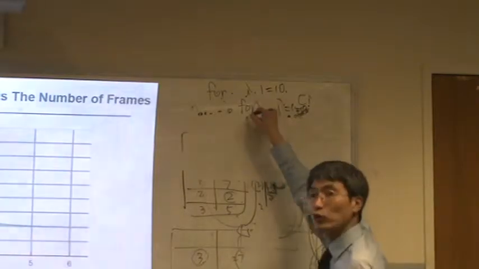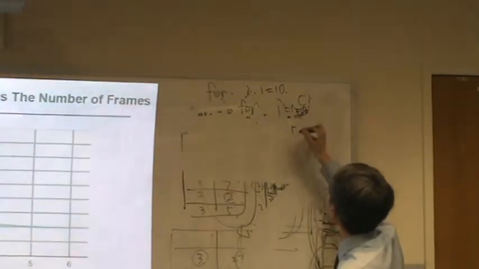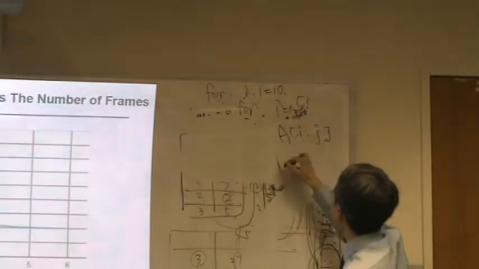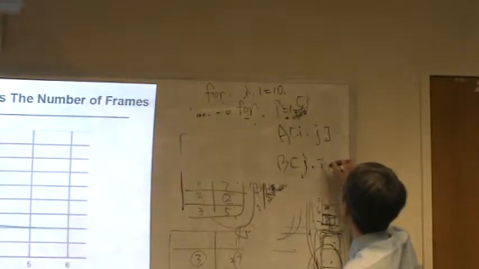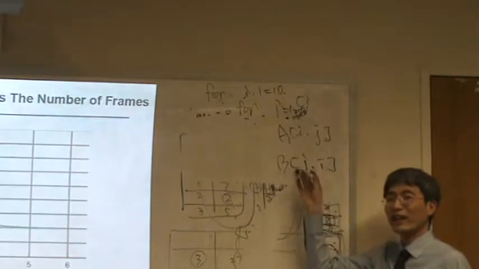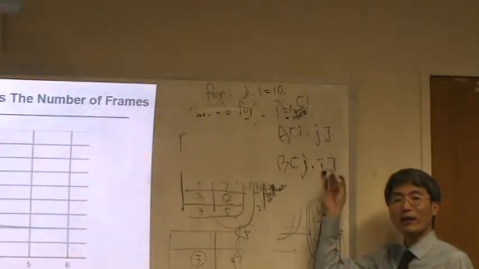It's a for loop, then we assign array i and j, or the other one, j, i. Both of them are the same, 10 by 10. Which one is better? Have you ever learned that in your programming class? Is there anyone who defines it the j, i way?